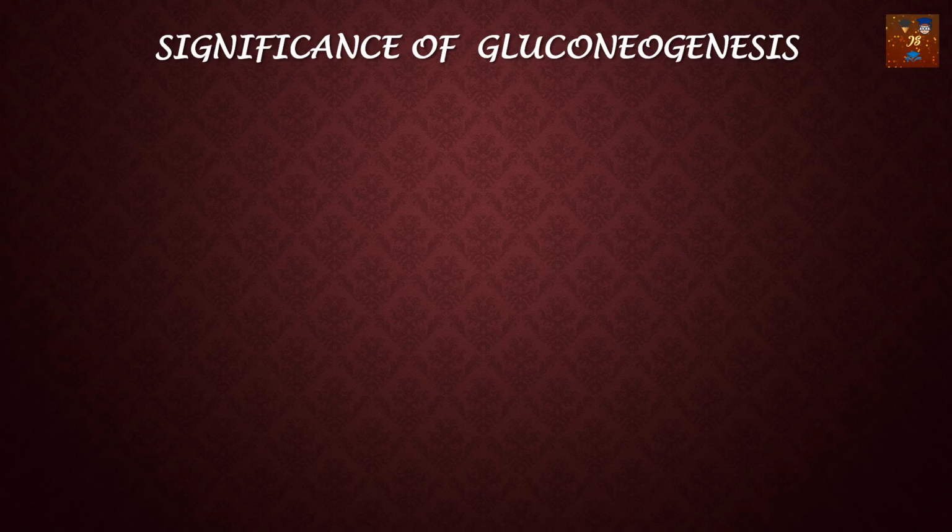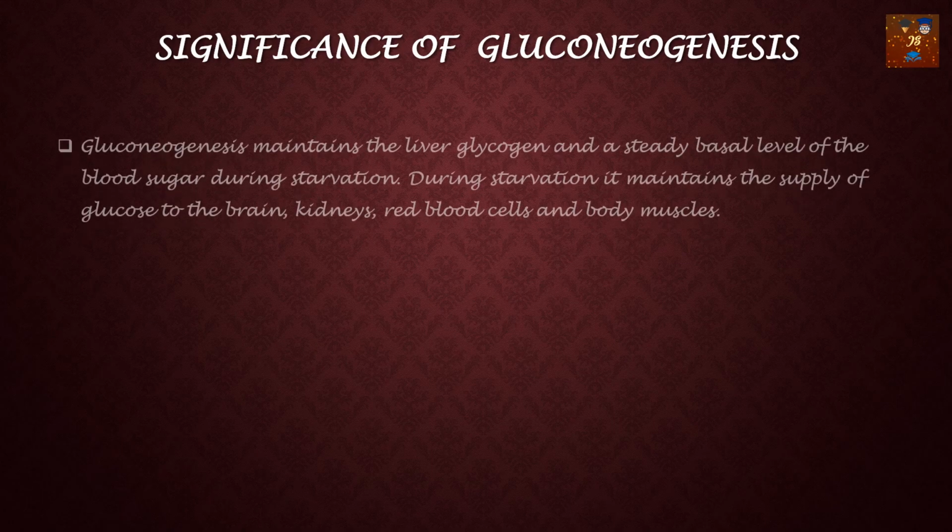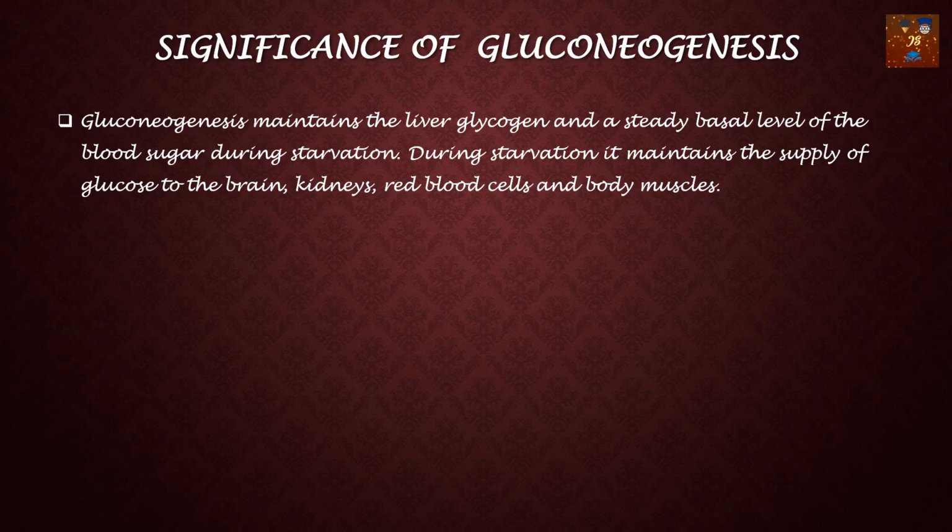Now we will see the significance of gluconeogenesis. Gluconeogenesis maintains the liver glycogen and a steady basal level of the blood sugar during starvation. Starvation means a condition of the body when for a certain amount of time the person doesn't take any food, but still there are some parts of our body which very much require sugar even during starvation.